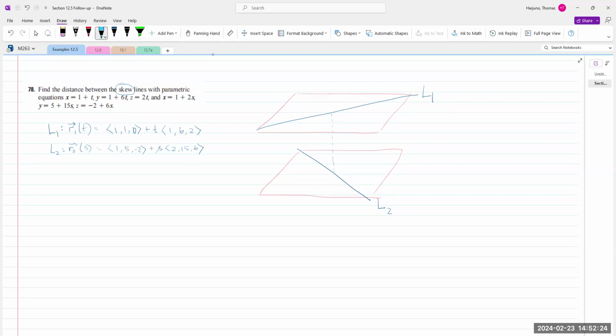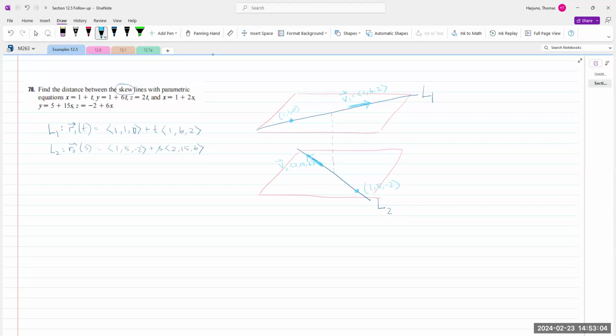One of the points in line 1 is 1, 1, 0, and the direction vector is v1 equals 1, 6, 2. Another point, in line 2, is 1, 5, negative 2, and it has a direction vector, call it v2, equals 2, 15, 6.